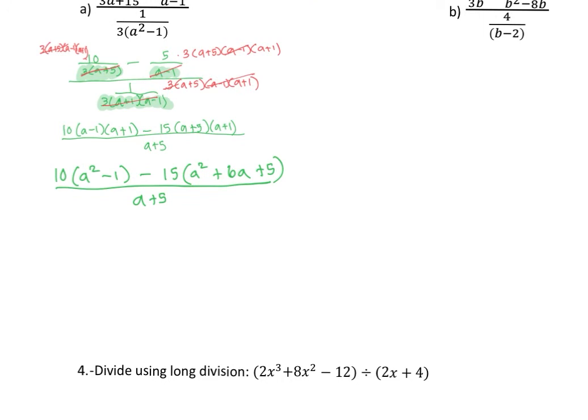Okay, we still need some more distributing. So we have 10a squared minus 10. Then I'm going to go negative 15 times each term. So negative 15 times a squared is negative 15a squared. Negative 15 times 6a is negative 90a. And negative 15 times 5 is negative 75.